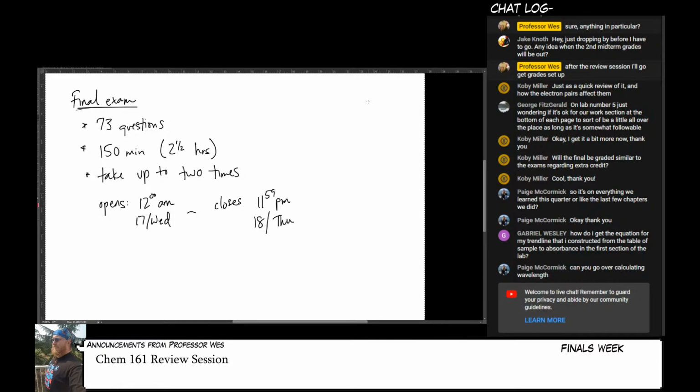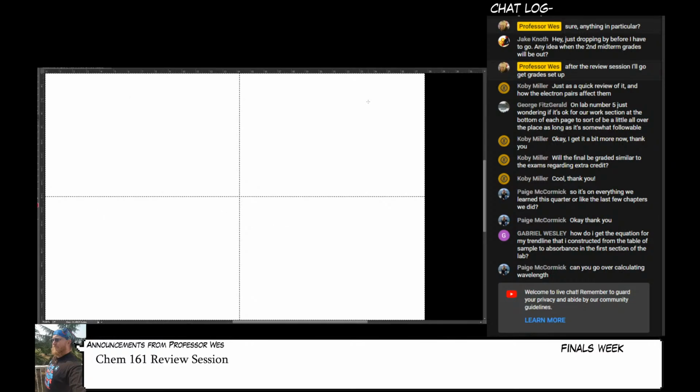Okay, so how do you get the equation for the trend line that you constructed from the table? Do you mean like what do you click on in Google Sheets? I'm gonna have to find that, so give me a second here.